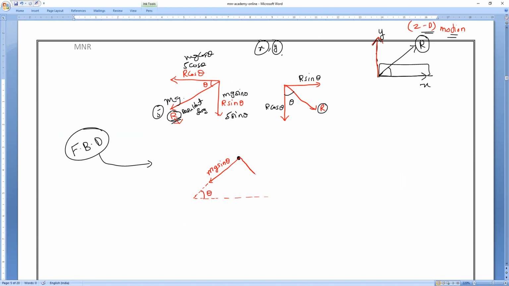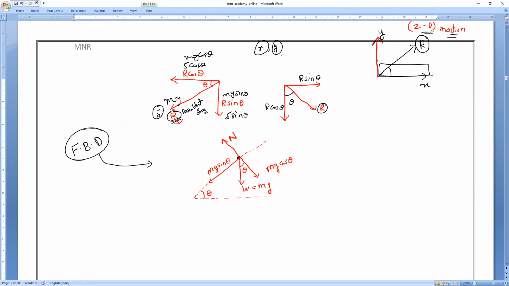And along the y-axis, perpendicular to that, mg cos theta is acting. Opposite to that, there is the normal reaction, and the weight of the body, the resultant force, acts between them. W is equal to mg, and here will be the theta. So this is the FBD, the free body diagram.